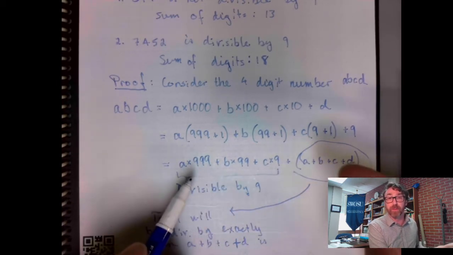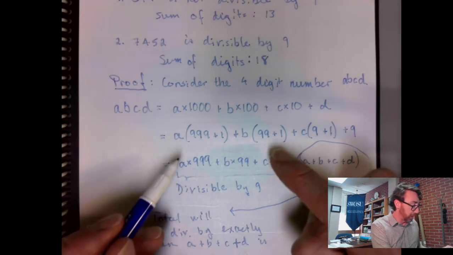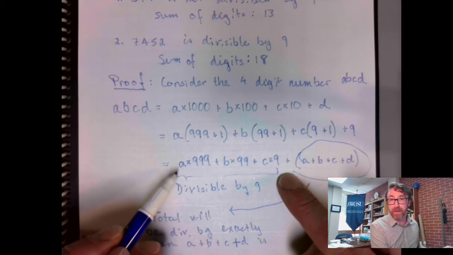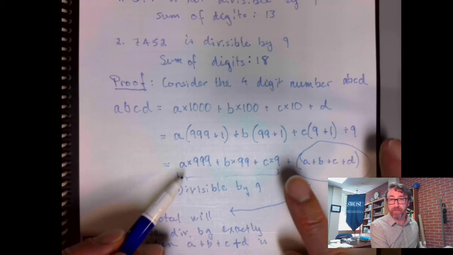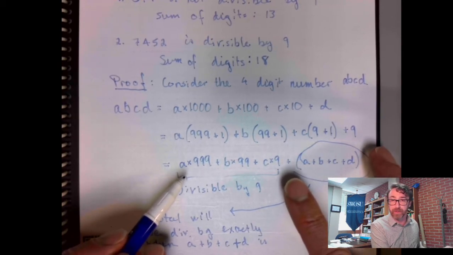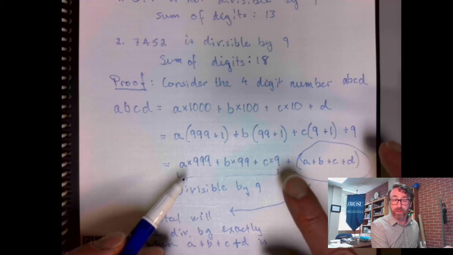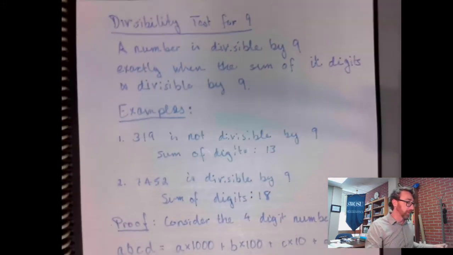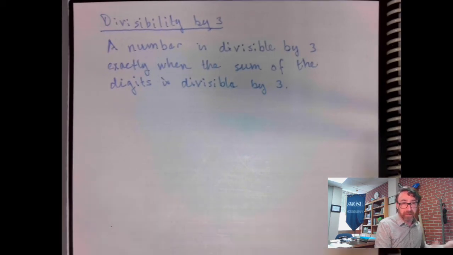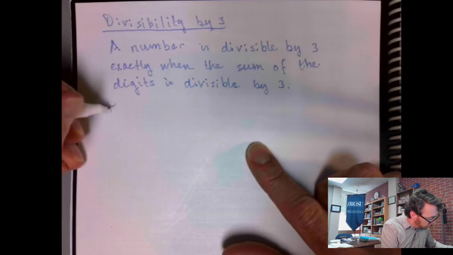So if I break the number up in this exact same way, I'll have one part here that I know for sure is divisible by 3, and then I'll have this other part, which is the sum of the digits. So the total will be divisible by 3 exactly when this second part is. Okay, so that same proof works for both. Kind of nice.